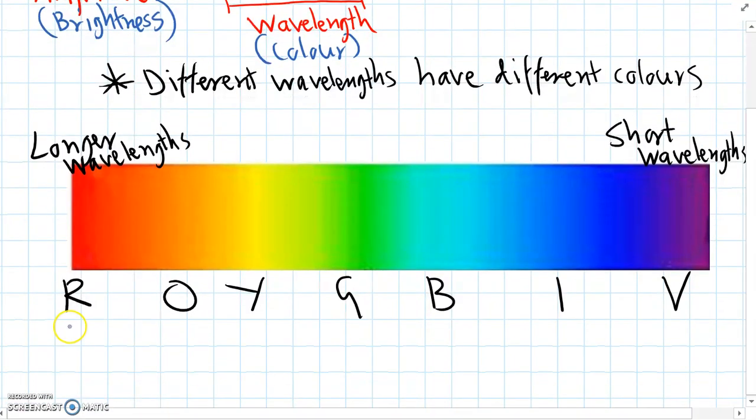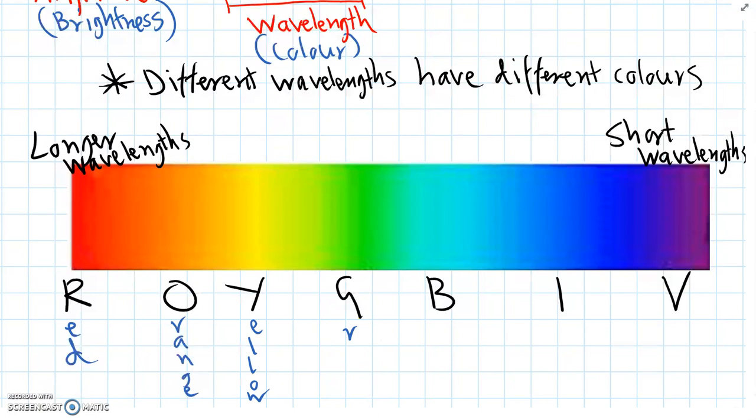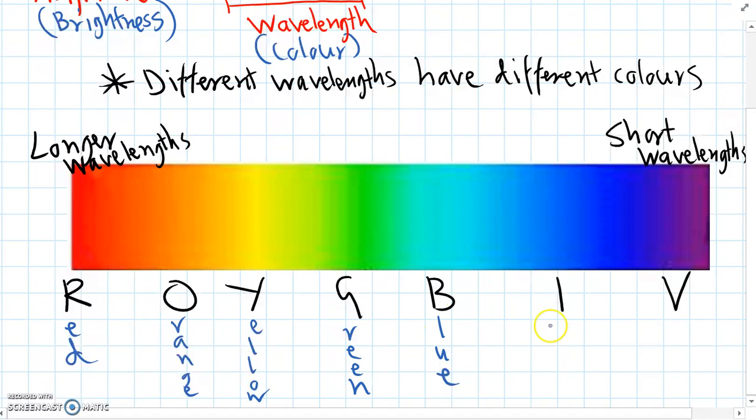And we can see that stands for red, orange, yellow, green is in the middle, blue, indigo, which is dark blue, and violet, which is the purple color.